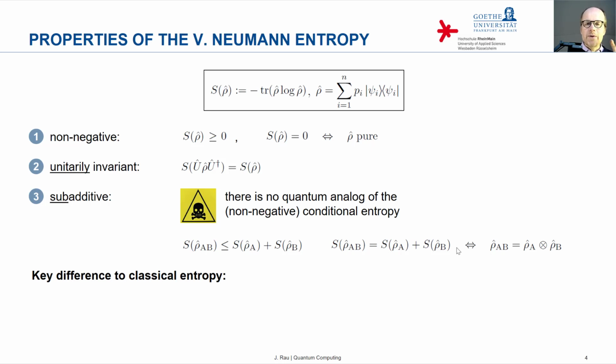So if you think of the additivity in the classical case, we had entropy of AB equals entropy of A plus conditional entropy of B given A. Now the fact that this conditional entropy classically is never negative means that the joint entropy is greater than or equal to the entropy of A, let's say, of one of the two experiments in isolation.